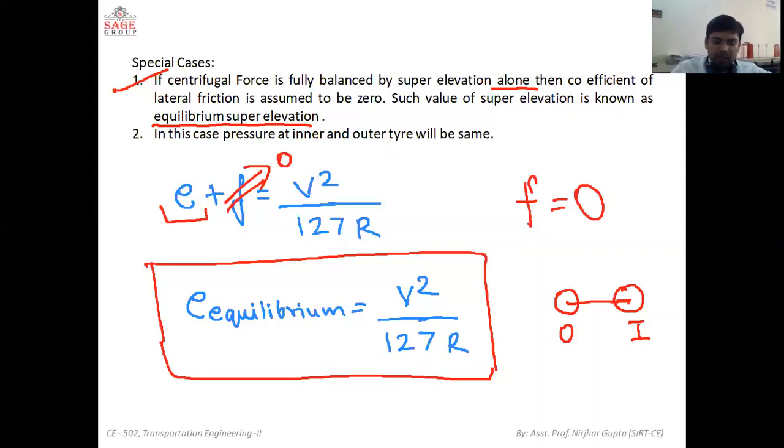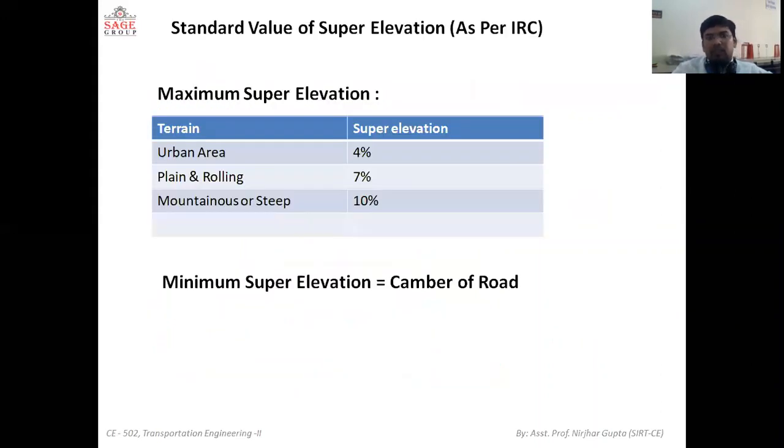Now if we move ahead, we have the standard values of the super elevation as per IRC conditions, Indian Roads Congress, in which we always have to remember the conditions of the maximum super elevation. It says that for urban areas, the maximum super elevation is limited up to 4%, which is equal to 0.04.